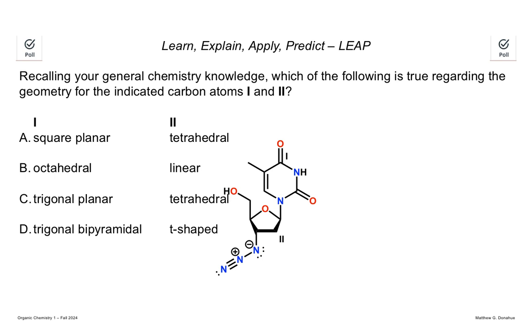I heard an A, I heard a C. Roman numeral 1 has 3 sigma bonds, 1 pi bond. Roman numeral 2 has 4 sigma bonds. The consequence is they're going to have different shapes, and that gets back to the orbitals involved. So C is the correct answer.